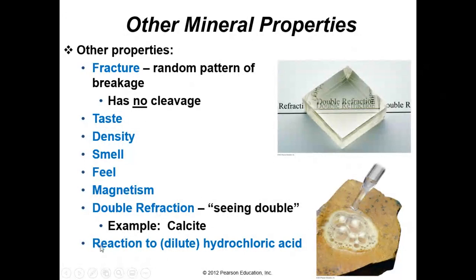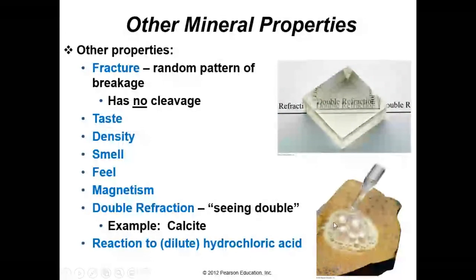Then a very useful one as well is any mineral that has a reaction to acid, to any acid for that matter. Typically, we would use very dilute acid, about 10% hydrochloric acid mixed with 90% water in the lab, and we would drop it on certain minerals.